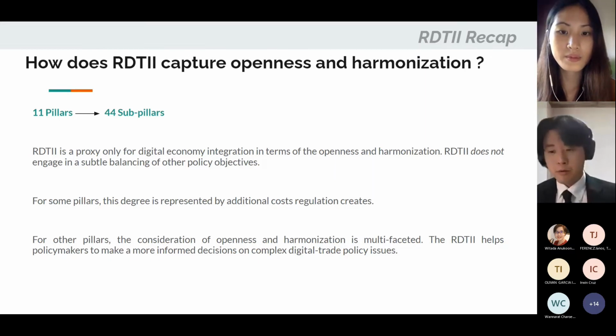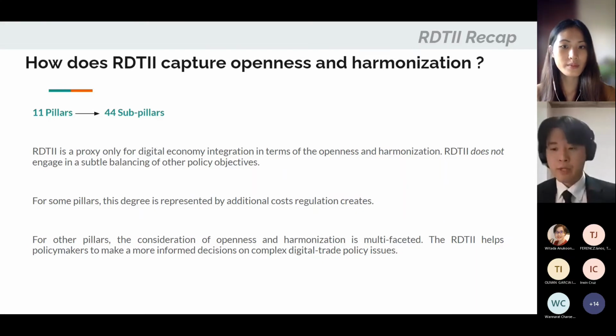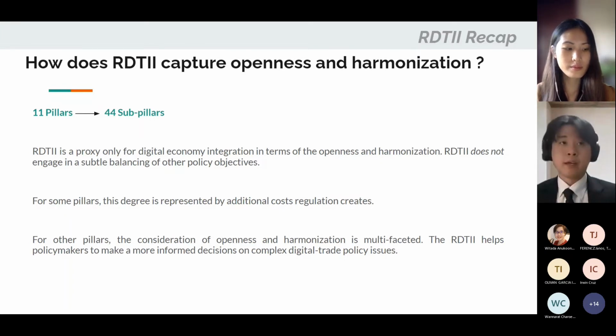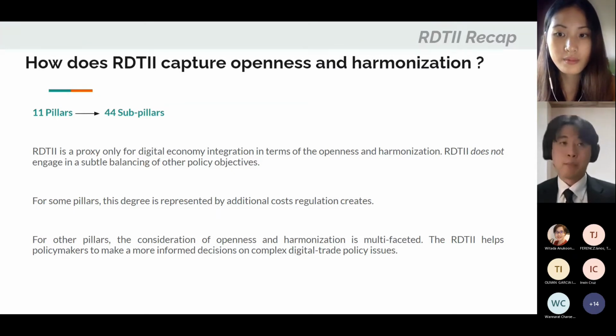We take the scores from all the sub-pillars within a pillar to generate a pillar score, and we take all the pillar scores from the 11 pillars to generate a final RDTII score. The RDTII score presents a proxy for digital economy integration in terms of openness and harmonization.